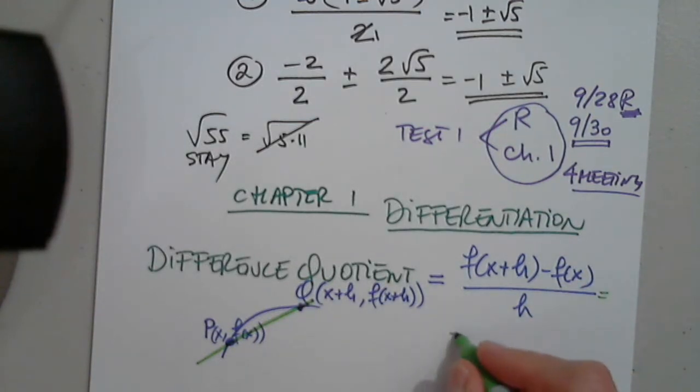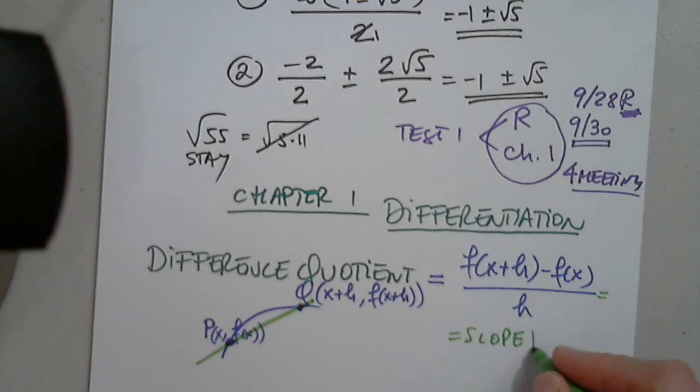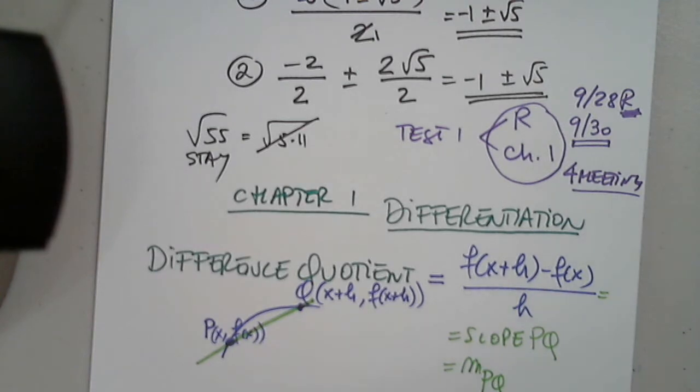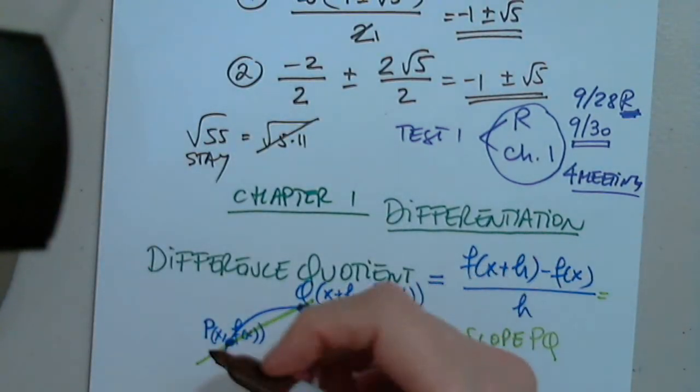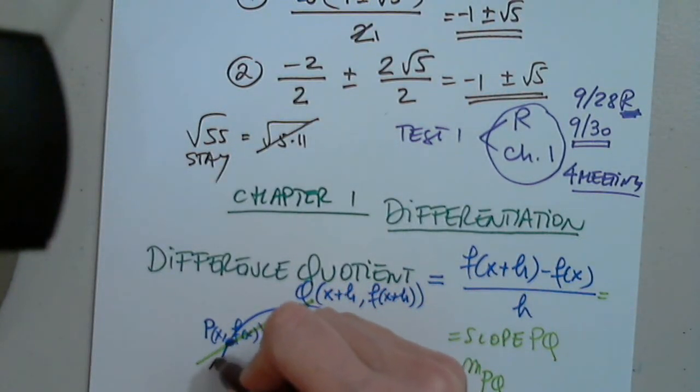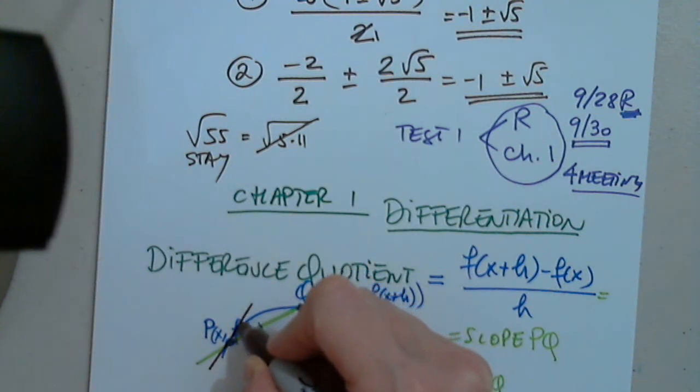So this is the same as the slope of PQ, normally denoted as MPQ. Now just imagine for me, or understand the requirement at this point, I want to determine the rate of change here.